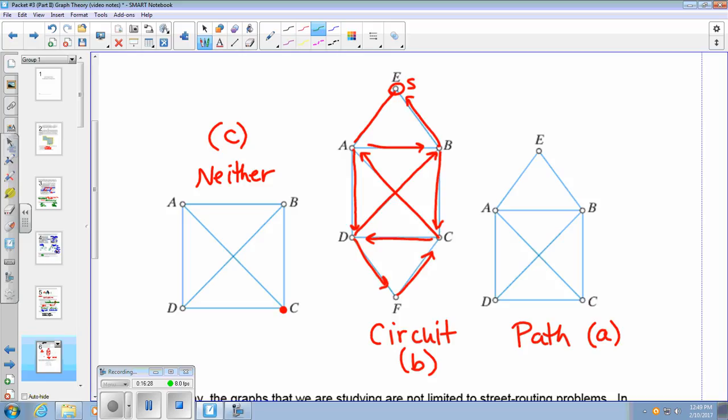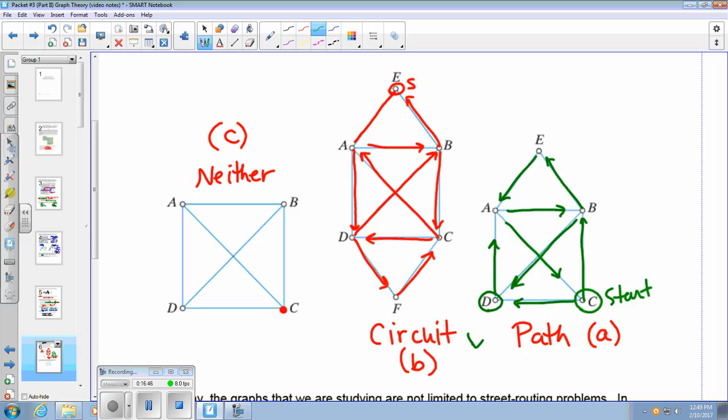And notice I used all of the edges once and only once. And over here, let's start down here. I come up. Can end up at D. And again, what I've done is used all the edges in the graph once and only once. I didn't repeat anything.